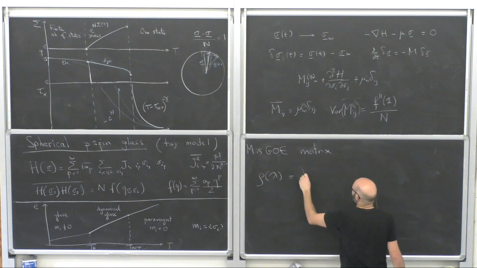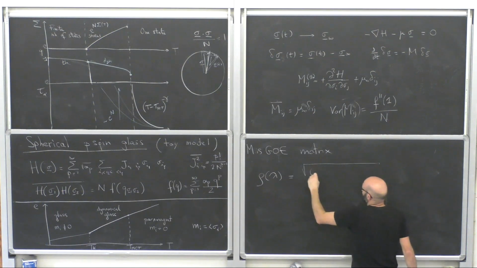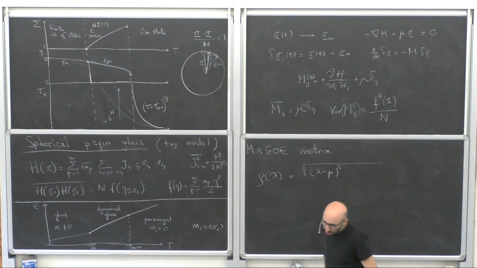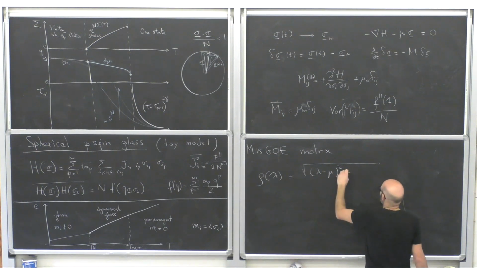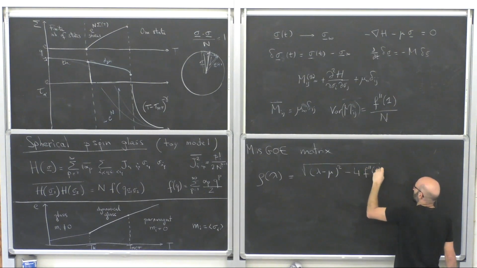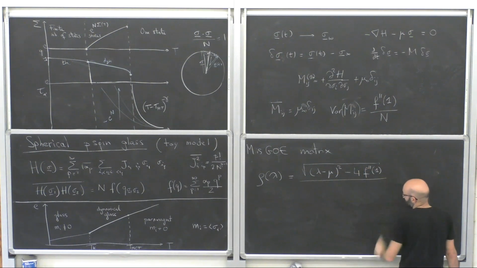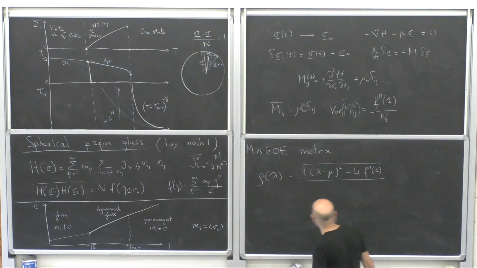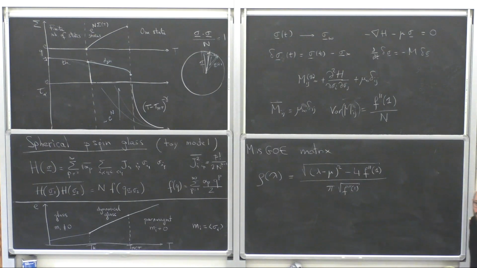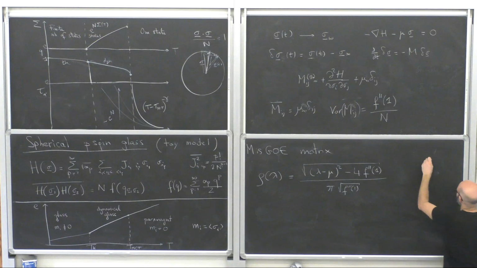So it's going to be the square root of lambda minus mu square minus 4 times the variance divided by pi square root of f second of 1. This is my spectrum, and it looks like this.